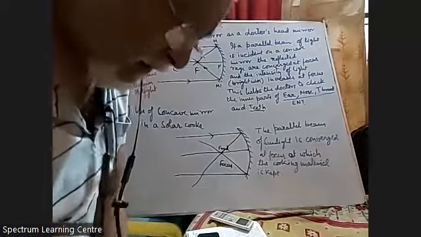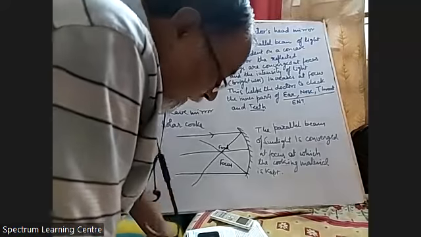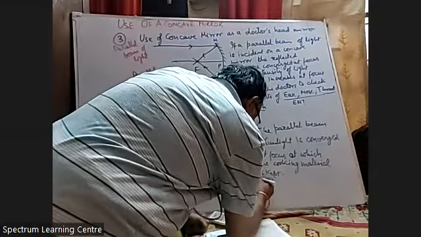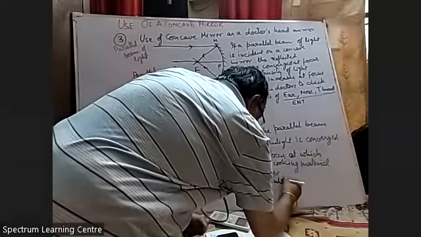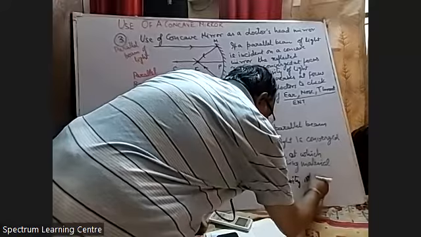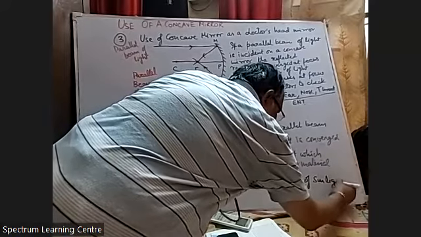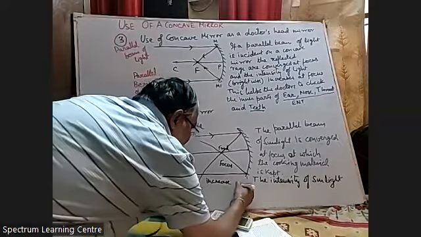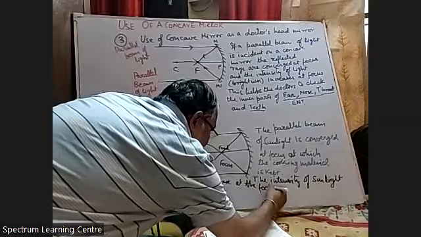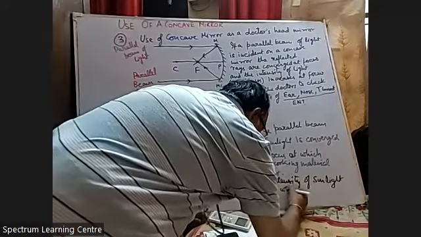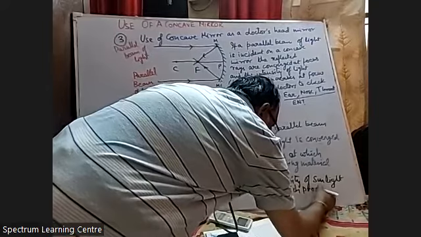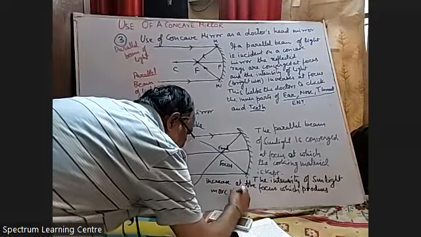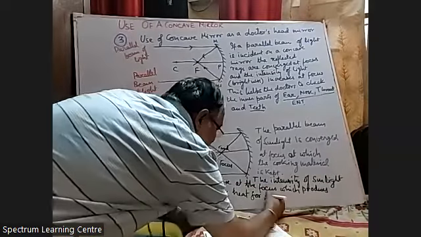Now the intensity of sunlight increases at the focus, which produces more heat for effective cooking.